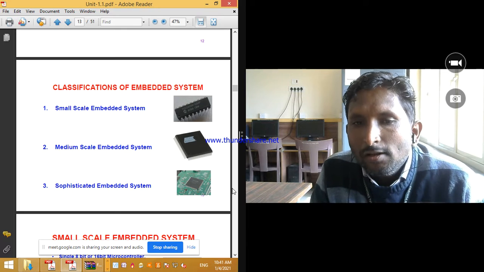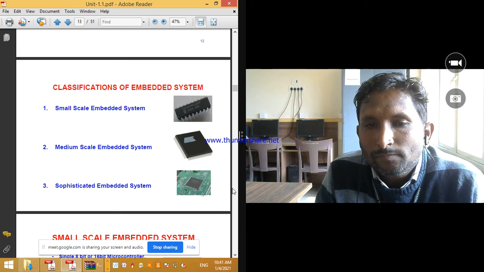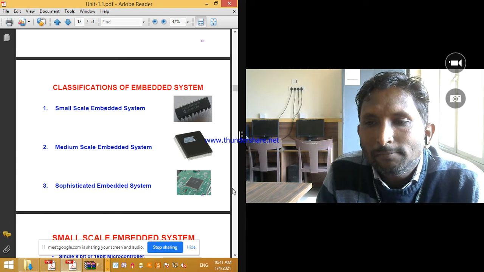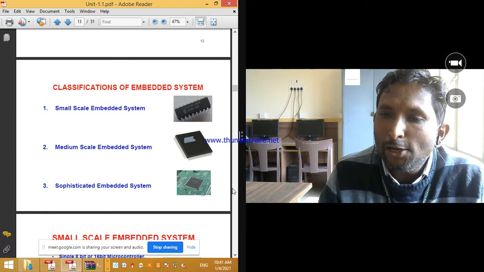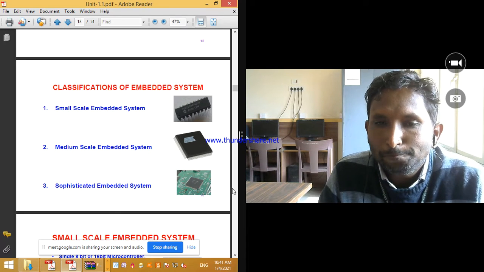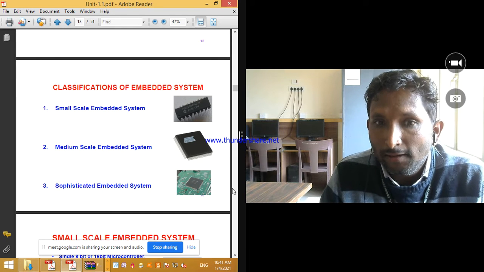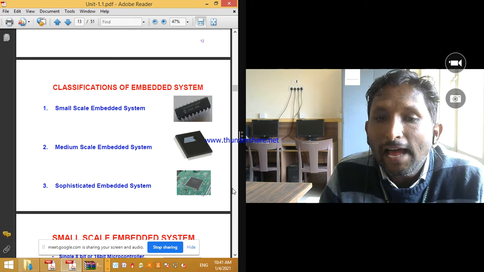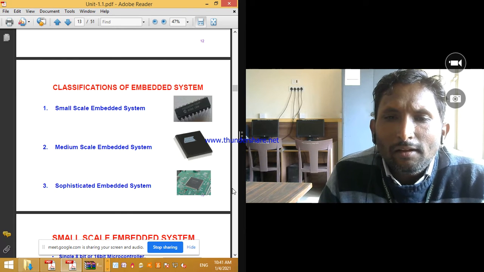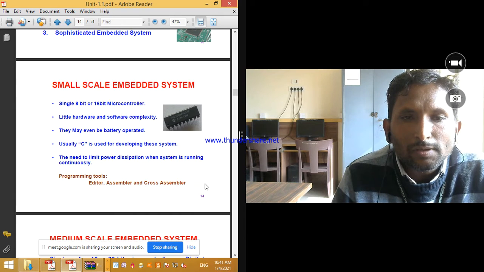The second chip that you can see is the Atmel processor. Our Arduino is developed with Atmel processors. Third, sophisticated, that is Intel i7, Intel i5. Small scale, medium scale and sophisticated embedded.